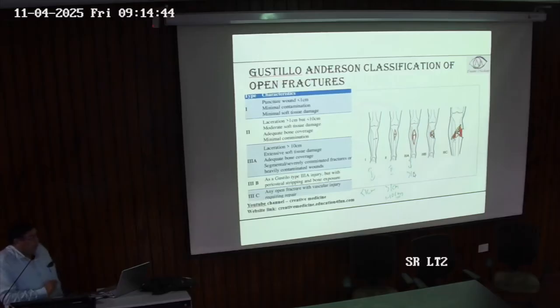Then stage 2 is when more than 1 centimeter but less than 10 centimeter, with moderate soft tissue damage. The bone is adequately covered with soft tissue or periosteum. And stage 3A is when the wound is more than 10 centimeter long, with extensive soft tissue damage, and adequate bone coverage is still there, periosteum is covered.